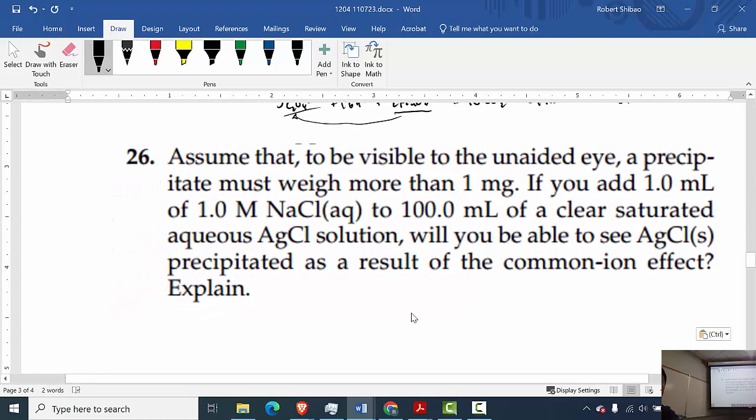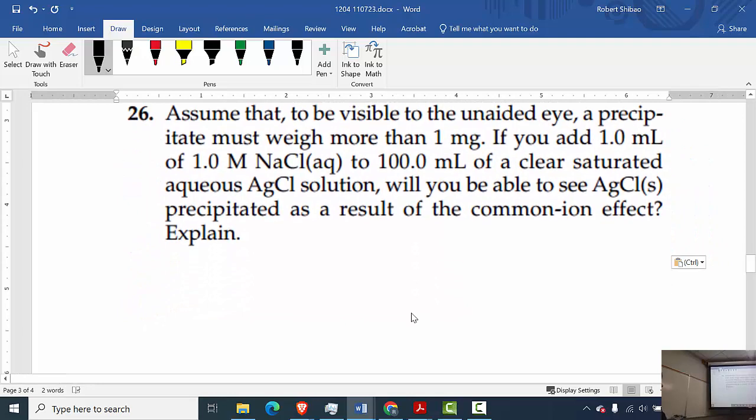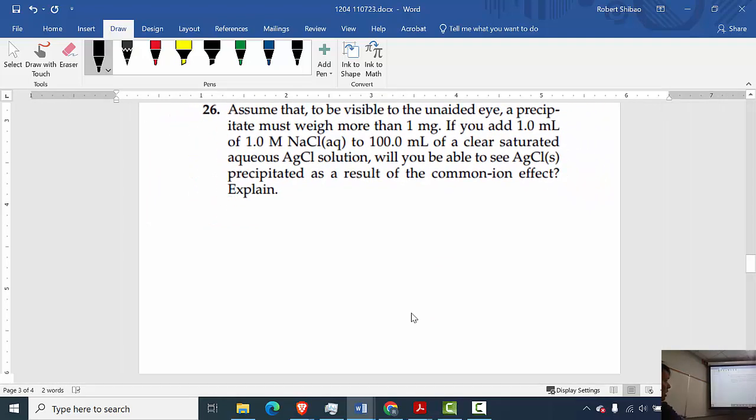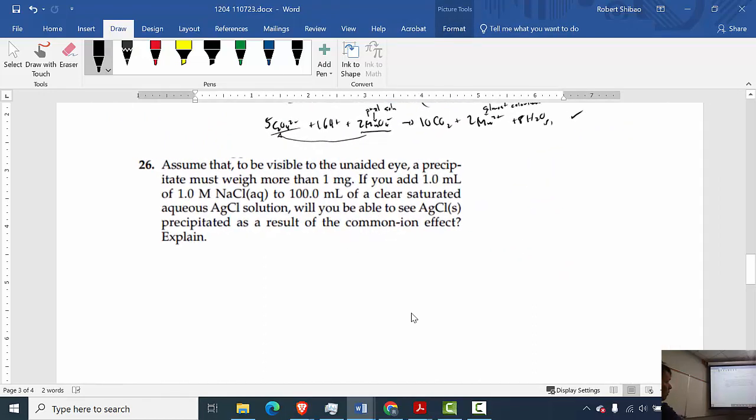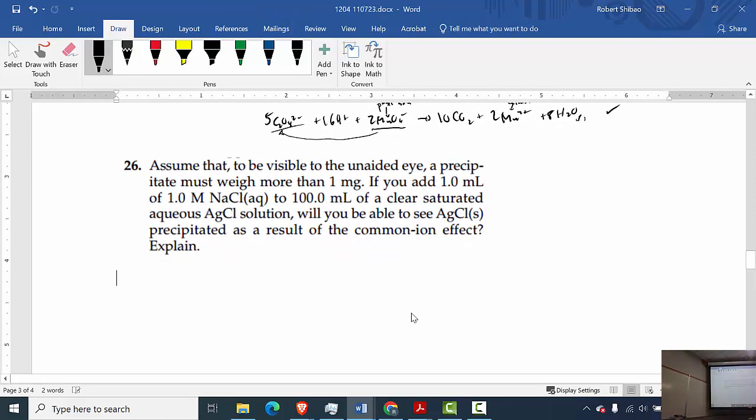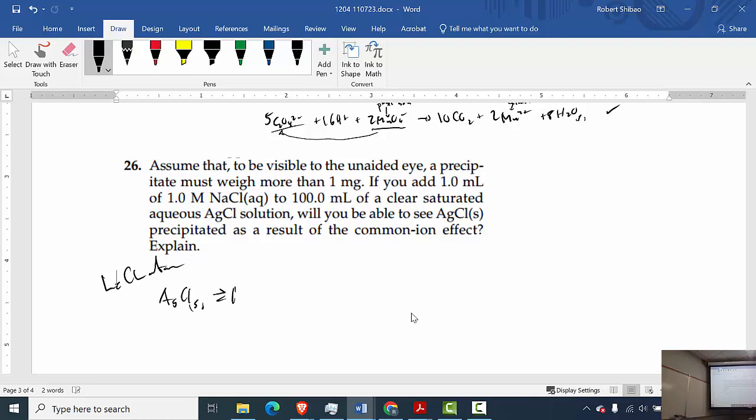The same thing with this. This particular problem, the situation is it's already saturated, it's already at equilibrium. So what I could do is I could just do a Le Chatelier's type shift. That is, I say this is a clear saturated solution of silver chloride. And so initially I just say, okay, nothing's dissolved, and then I'll saturate it.